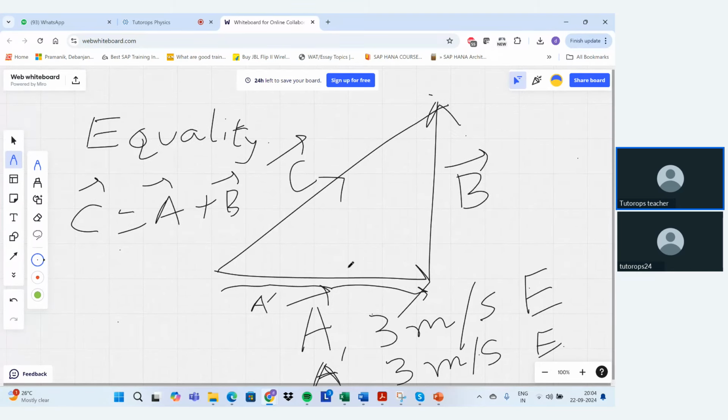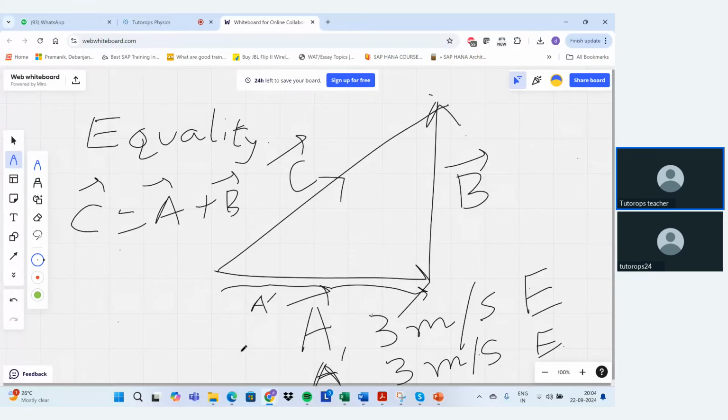I will come to when equality of vectors is required, for example in some kind of problem. But before going to the problem, this is my equality concept. We will utilize this concept while we are doing vector addition.